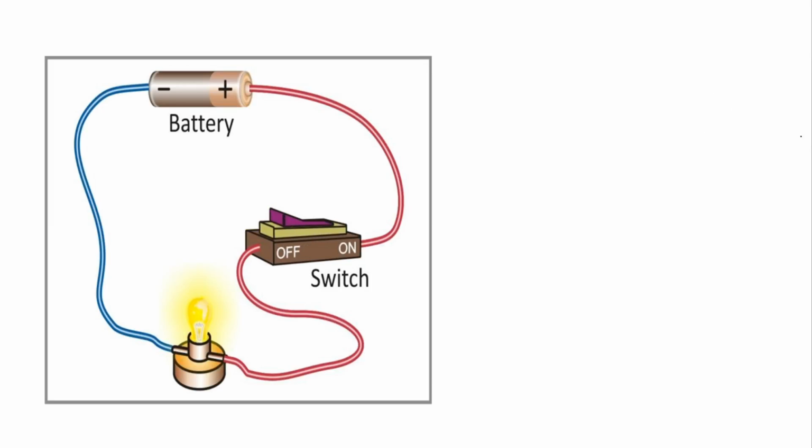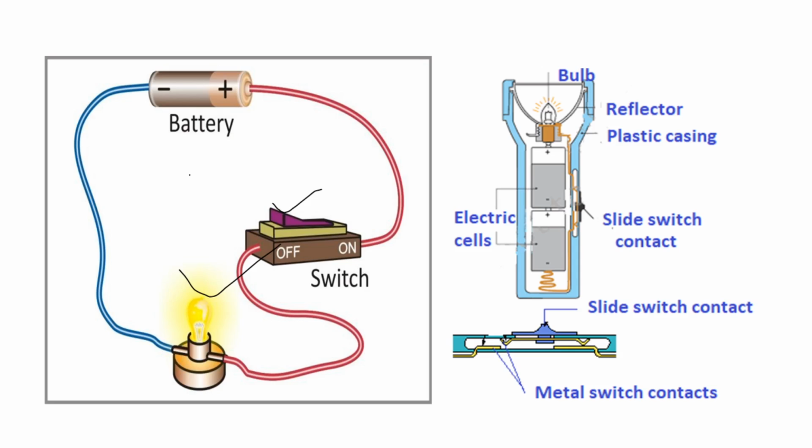Now it is on because it is pressed. If you switch off, the bulb will stop glowing. And this is one electric circuit with a switch.